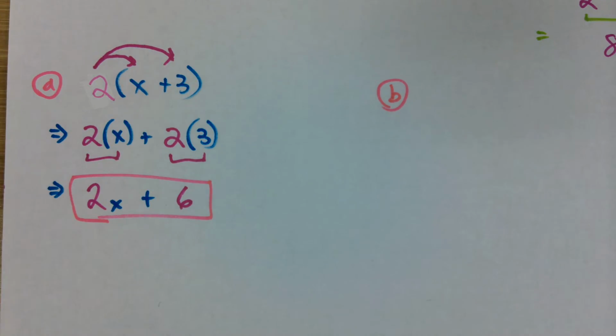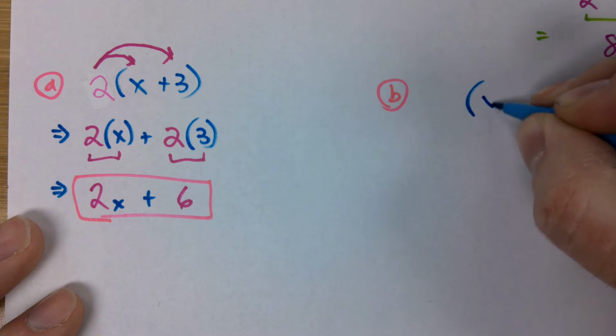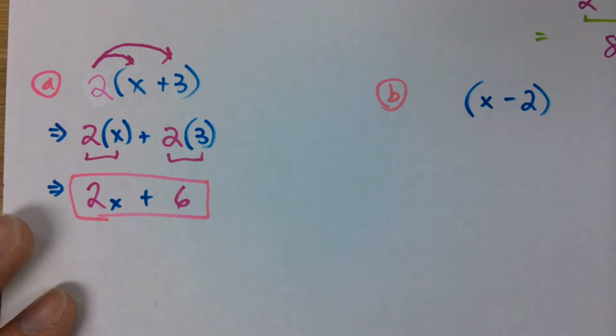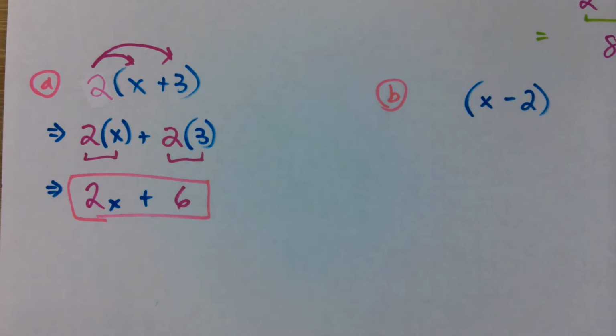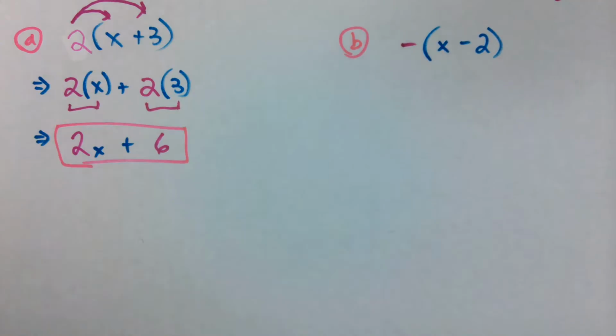Let's take a look at example B real quick. Example B, let's go. Let's do something like this. Negative, parentheses, x minus 2. Looks a little weird, right?